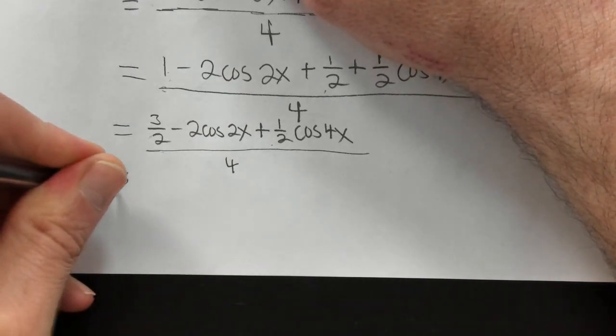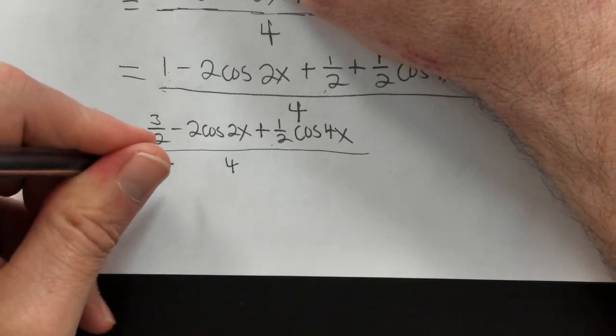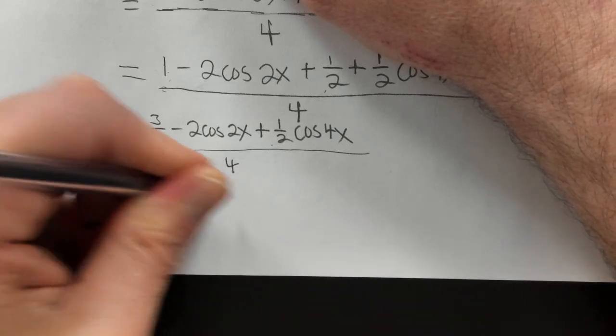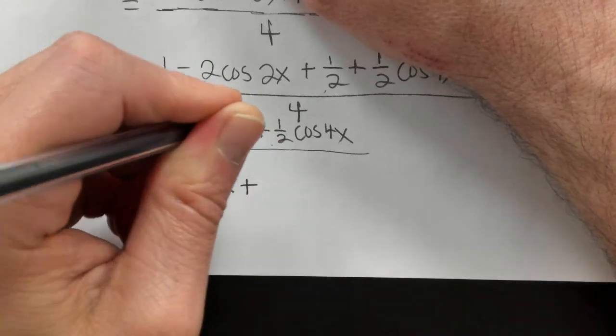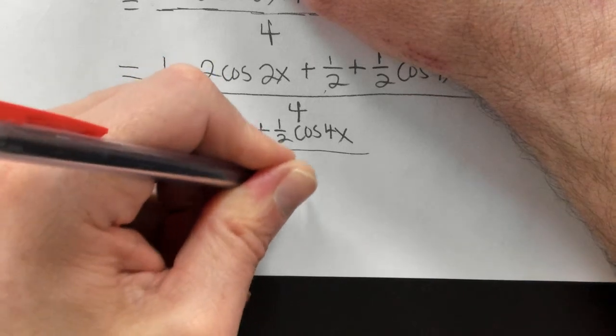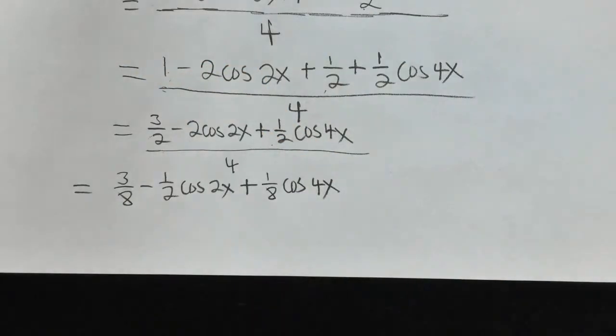So that'd be 3 over 8 minus 2 over 4 is 1/2, so that's 1/2 cosine 2x plus what, 1 over 8? 1 over 8 cosine of 4x. Alright, so that's what we have now here.